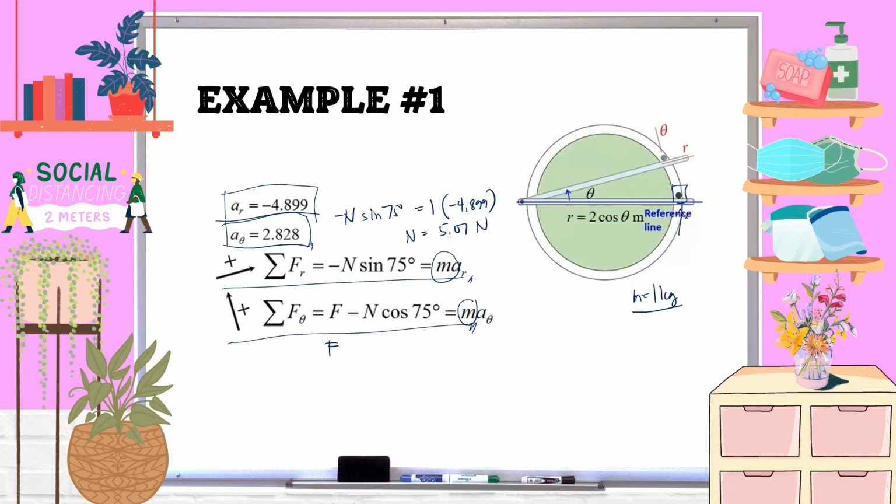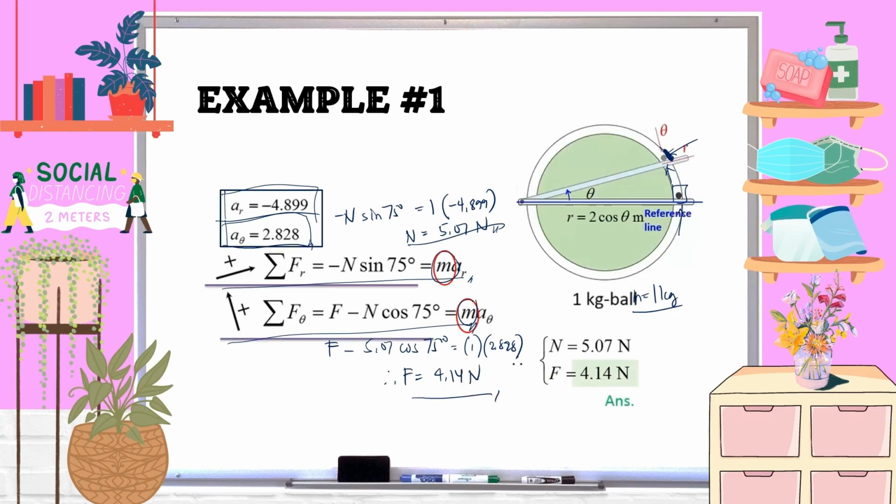That is what we are asked to find: the force exerted by the rod. Since N pertains to the normal force exerted by the surface of the outer part of the circle, N is 5.07 from the calculated value, times cosine 75 degrees, times mass, which is 1, times 0.8, so the force becomes 4.14 Newton. So that will be the answer for this problem.